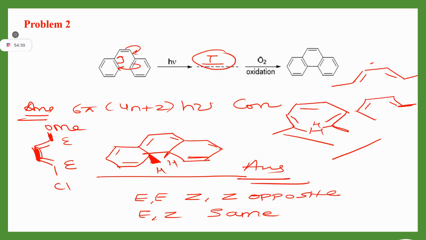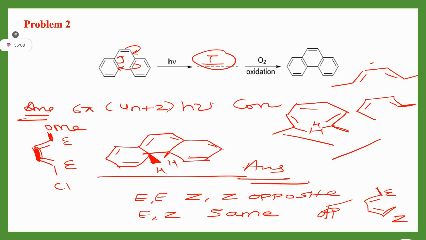So in these types of cases, we just have to remember that if the olefins are EE or ZZ, they will be opposite. If one of the olefins is E and another is Z, this is E olefin, this is Z olefin, since the direction of substituents is the same, they will be considered as same.